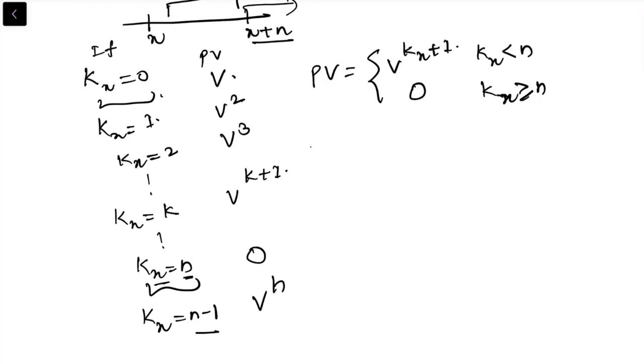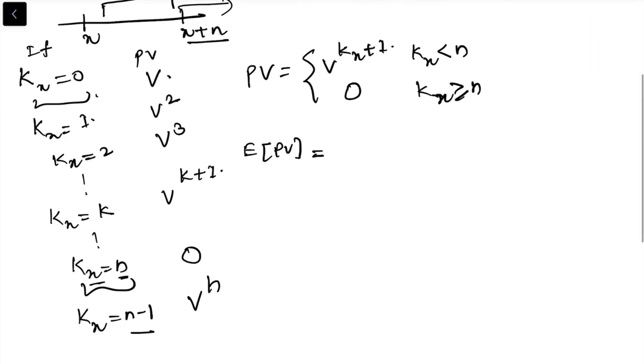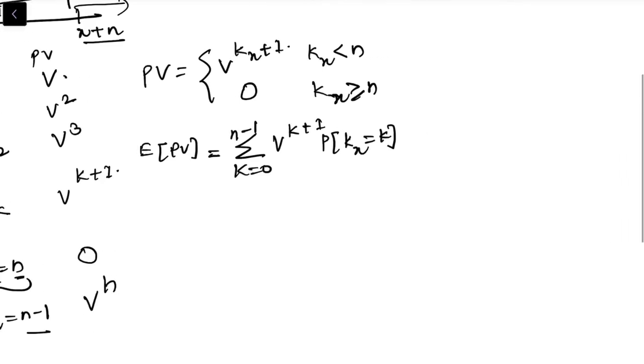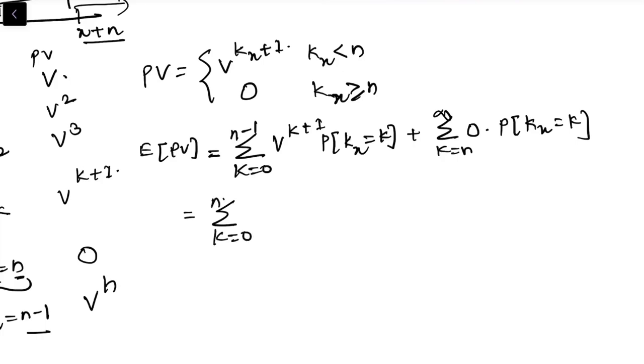Now you know we are interested in calculating the expectation of the present value. So this is summation k goes from 0 to n minus 1, v to the power k plus 1, and then PDF, that is probability in discrete, plus summation k equals n to infinity, and this is 0, so the probability Kx equals k. Now here summation k equals 0 to n minus 1, v^(k+1), P(Kx equals k).